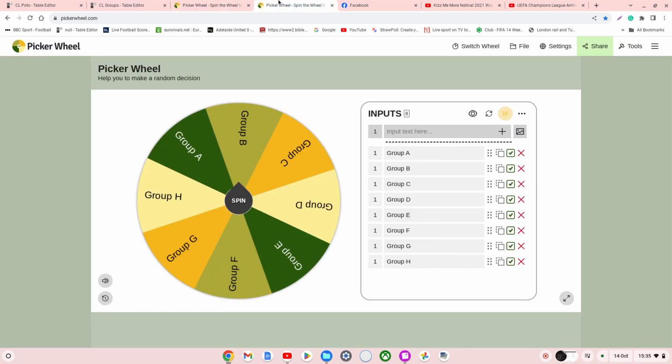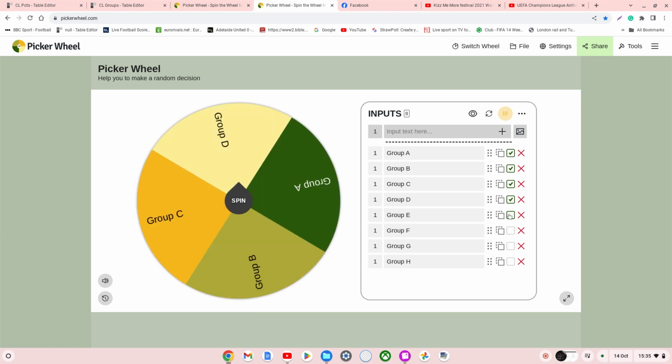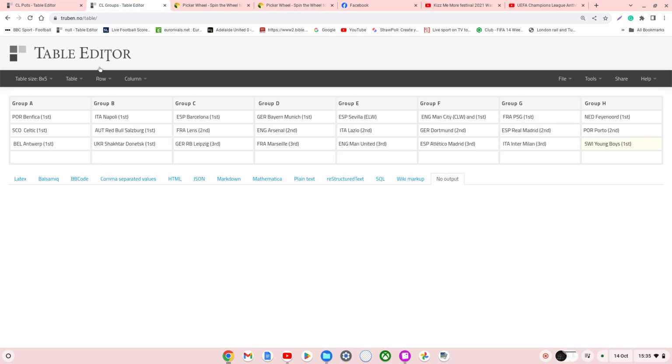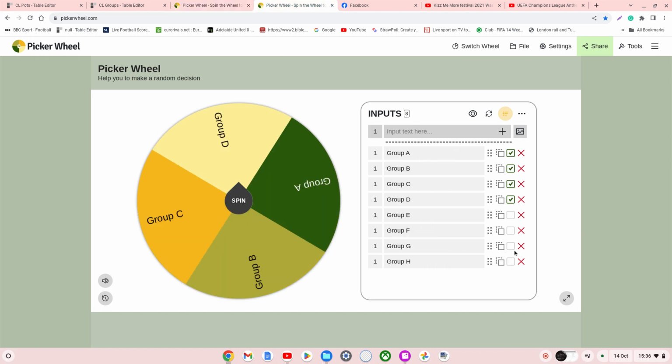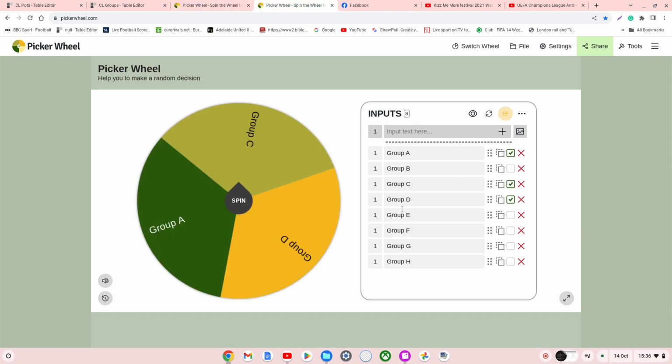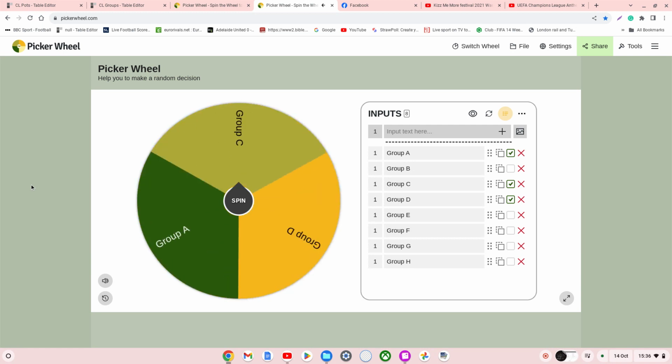So we're gonna have to remove the groups on the right hand side, and they can't be in Group B because of Napoli. So we have to remove Napoli as well. Remove Group E. So they only have 3 options: A, C, or D. Who is it going to be?